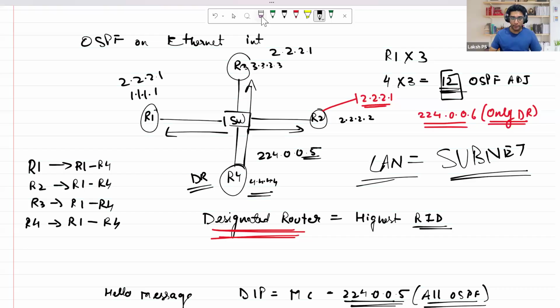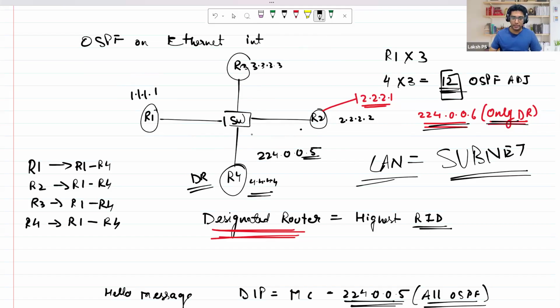So any update from non-DR routers will be sent at the multicast address of 224.0.0.6, which is the DR-only multicast address.